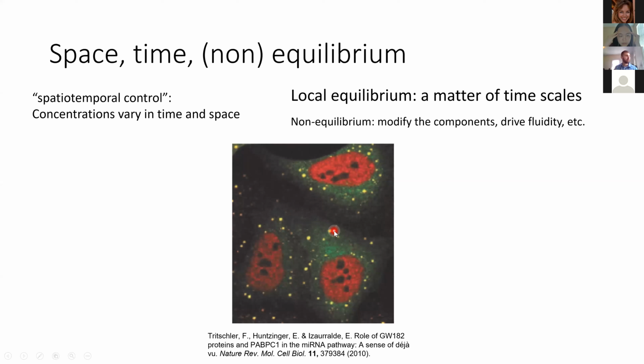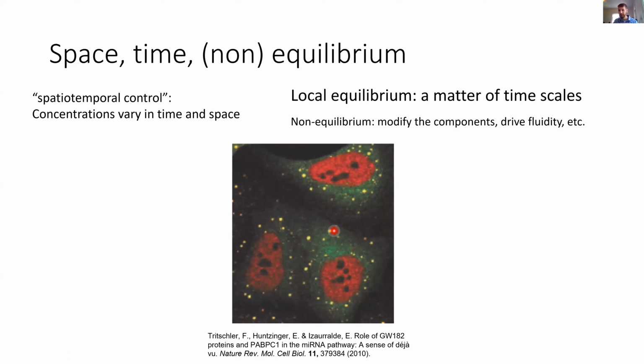That's an example. And this is why, even though cells are out of equilibrium, as long as there's a good separation of time scales, you can often learn things by using equilibrium physics on a smaller part of the problem. So that's the side, which is that phase separation is happening in cells which are out of equilibrium.